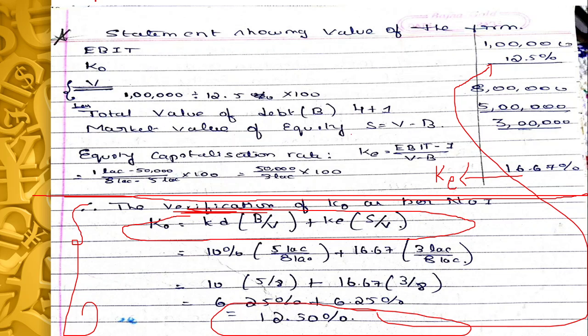Has there been any increase in equity capitalization rate? Yes? That is the conclusion you will have to give, right? When the debt was increased, the equity capitalization rate also increased. Whether the cost of debt remained the same, in both problems it is 10%.